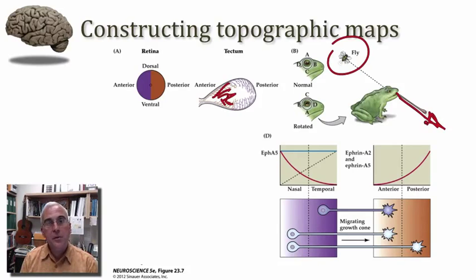So this experiment shows us that this mapping seems to be of a chemical nature rather than a functional nature, fully tuned and fully accommodated to the behavior of the animal.